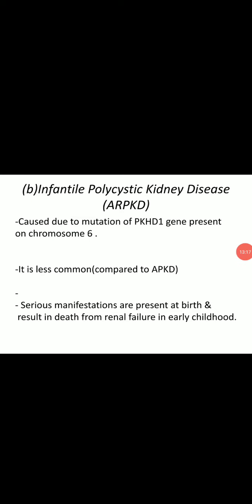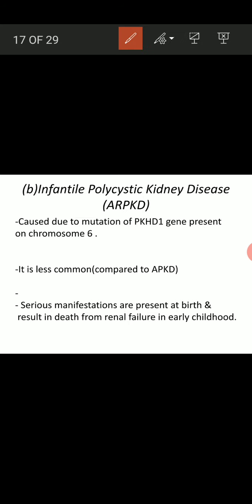The second type of polycystic kidney disease is infantile polycystic kidney disease, also known as autosomal recessive polycystic kidney disease. It occurs due to mutation in the polycystic kidney and hepatic disease 1 gene, that is the PKHD1 gene, which is present on chromosome 6.